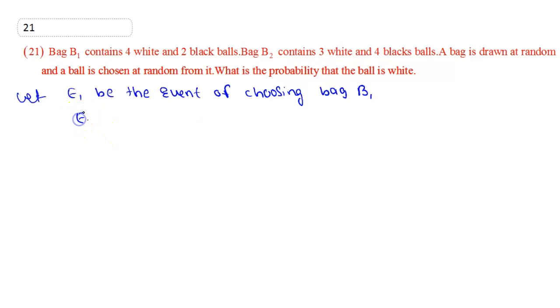Similarly, I can take E2 be the event of choosing bag B2. Okay. So now P of E1 is equal to P of E2 is equal to 1 by 2. So here 1 by 2 in the sense one bag contains 2 colors. Right? Bag B1 1 by 2, 2 colors, and bag B2 is also the same, 1 by 2.